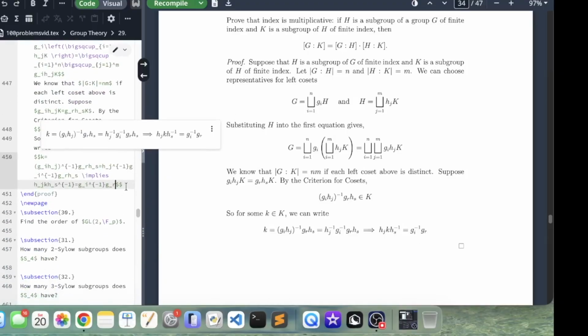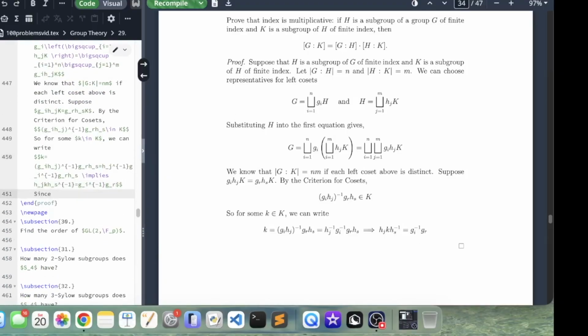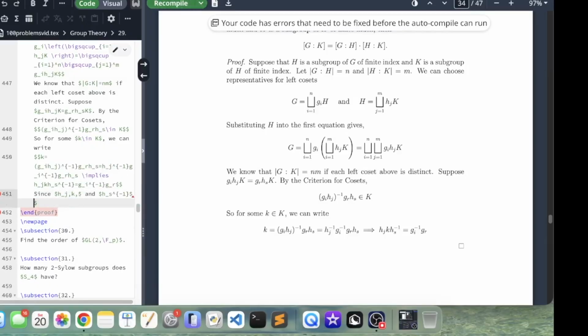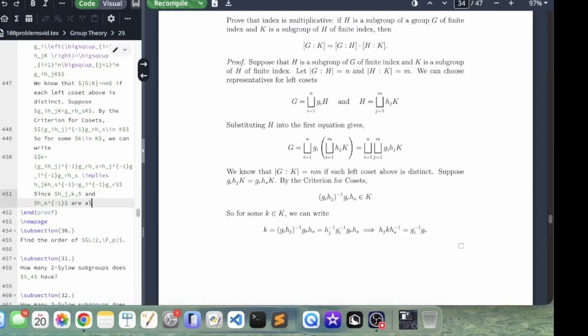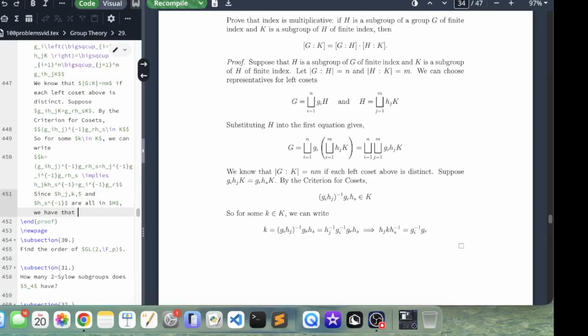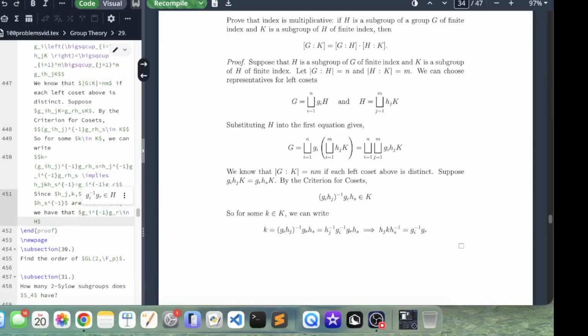So we can say that since h_j, k, and h_s inverse are all in H, we have that g_i inverse g_r is in H. Okay, and then once more, I'm going to use the criterion for cosets. Very useful.